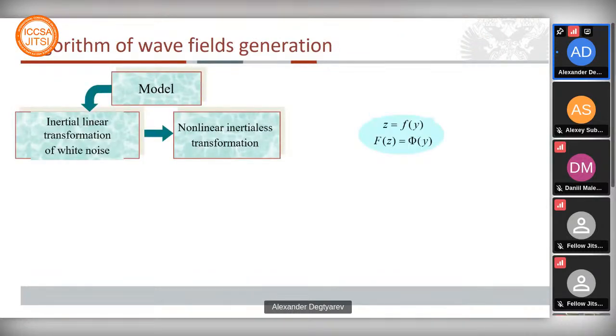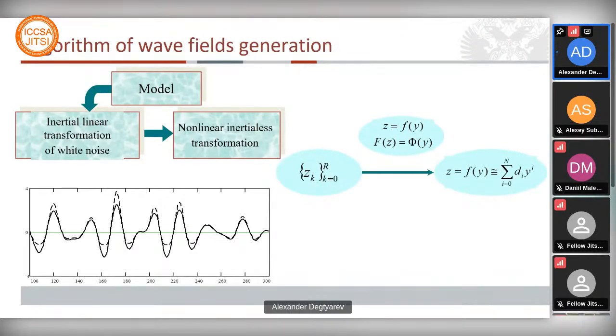The algorithm of wind field generation you can see on this slide. Here you see the general algorithm, and with it we can simulate even the case of nonlinear waves.